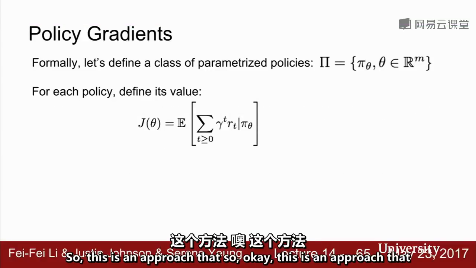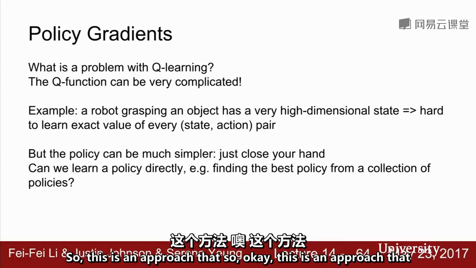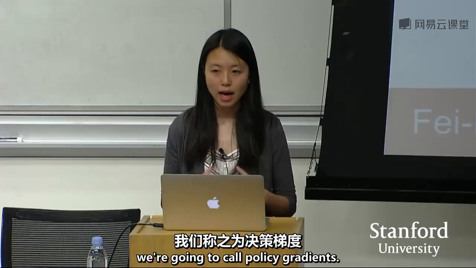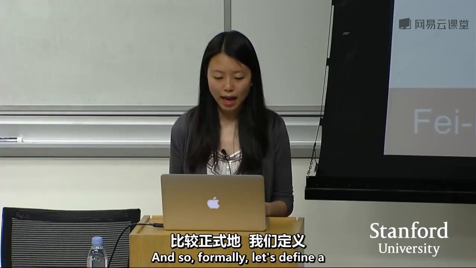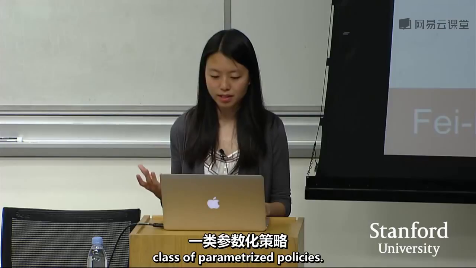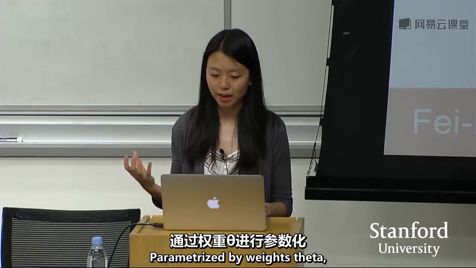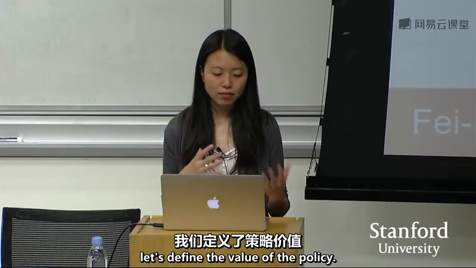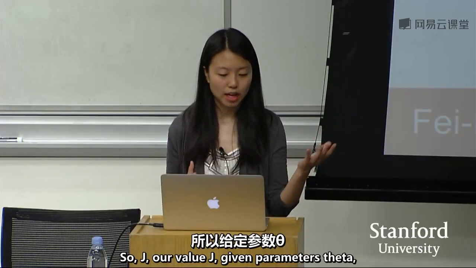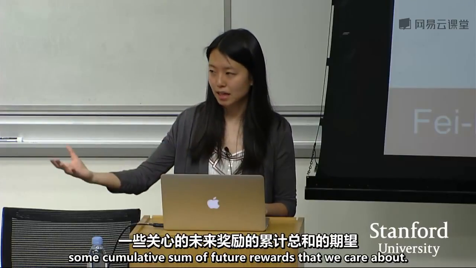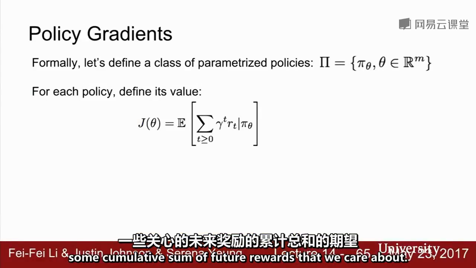So this is an approach that we're going to call policy gradients. And so formally, let's define a class of parameterized policies, right? Parameterized by weights theta. And so for each policy, let's define the value of the policy. So J, our value J, given parameter theta, is going to be our expected cumulative sum of future rewards that we care about.